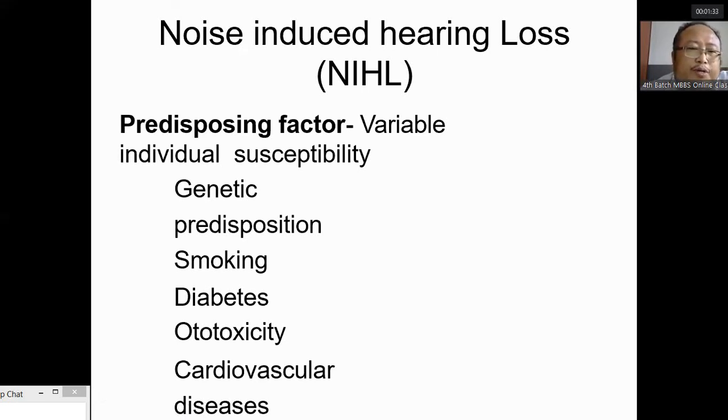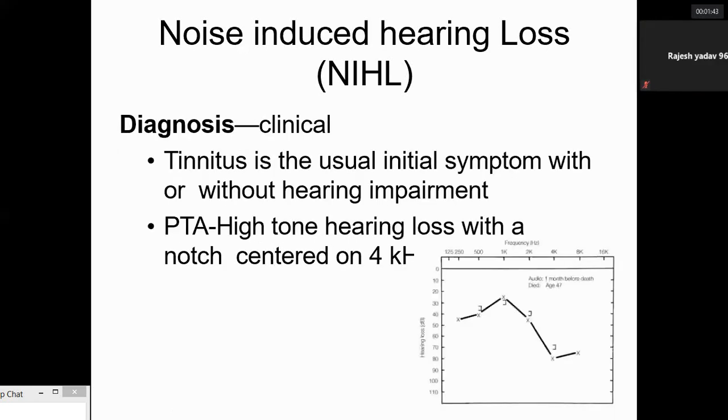Few predisposing factors for noise-induced hearing loss: genetic factors, smoking, diabetes, ototoxicity, cardiovascular disease, and tinnitus might be a first symptom. There is a high-tone hearing loss with a notch at 4,000 Hz.